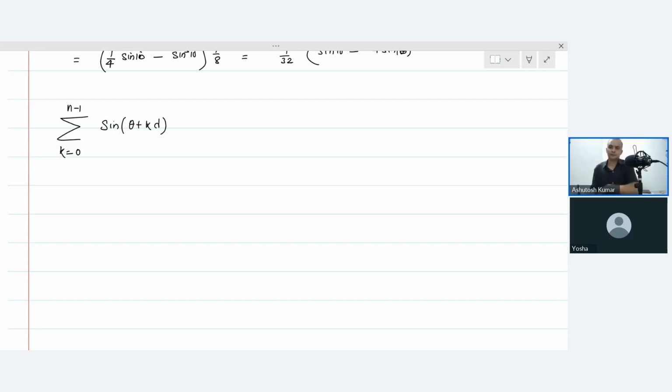We actually discussed it. No. So what is the formula? Sine of theta plus n minus 1 d by 2, sine of n d by 2, divided by sine d by 2.